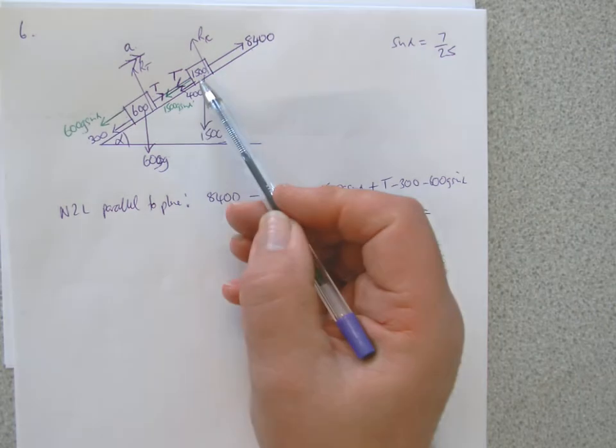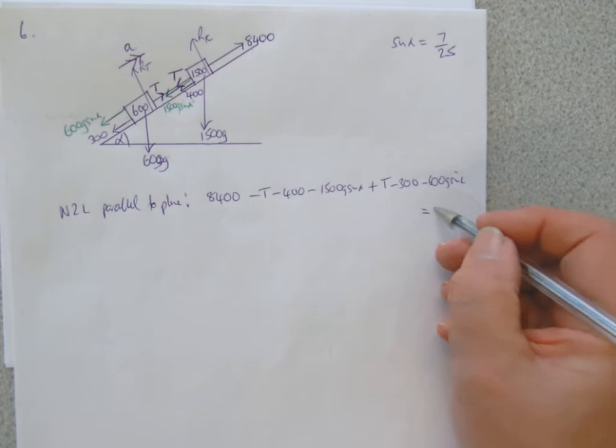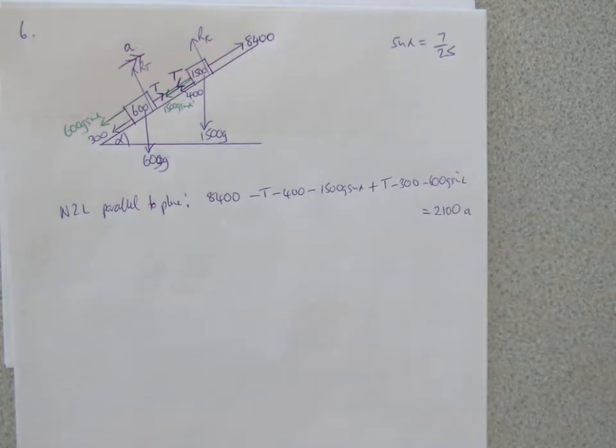Now the mass is 1,500 plus 600, so the mass is 2,100A.